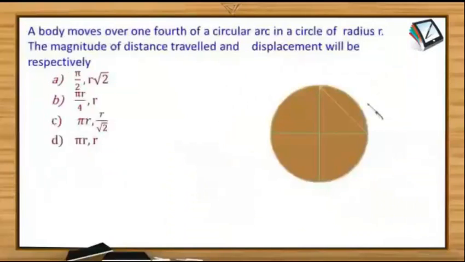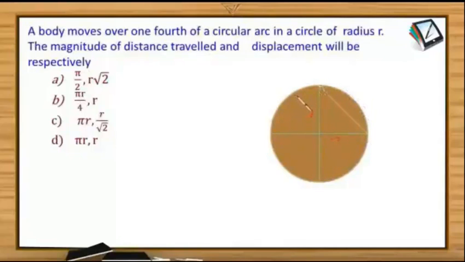Here a body moves over 1/4 of a circle arc in a circle of radius r. So here it is a circle of radius r. This is radius r. The magnitude of distance traveled and displacement will be respectively 1/4 of the circular, means from here to there. So it is 1/4 of the circumference.